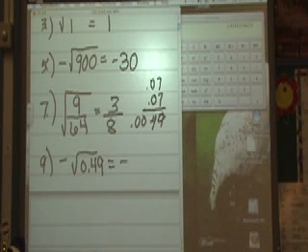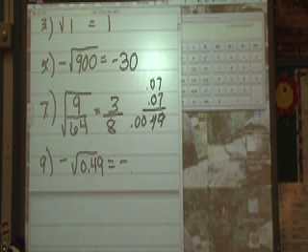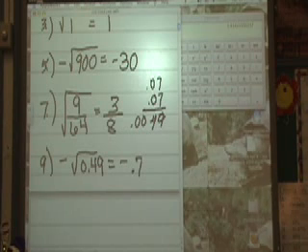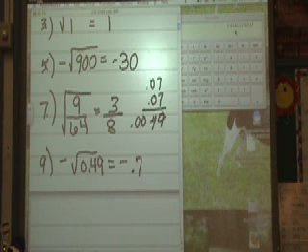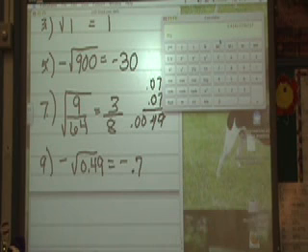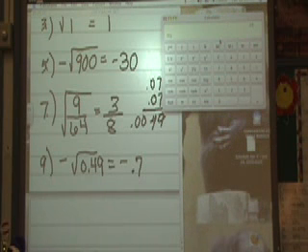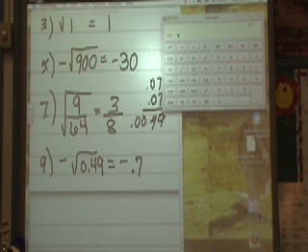That's too much. Where should the decimal point be? 0.7. So when you times it, you'll have 2 places after the decimal point. And you could check it over here. You can put in 0.49 and hit the radical sign. And it comes out 0.7. And it has to be negative.